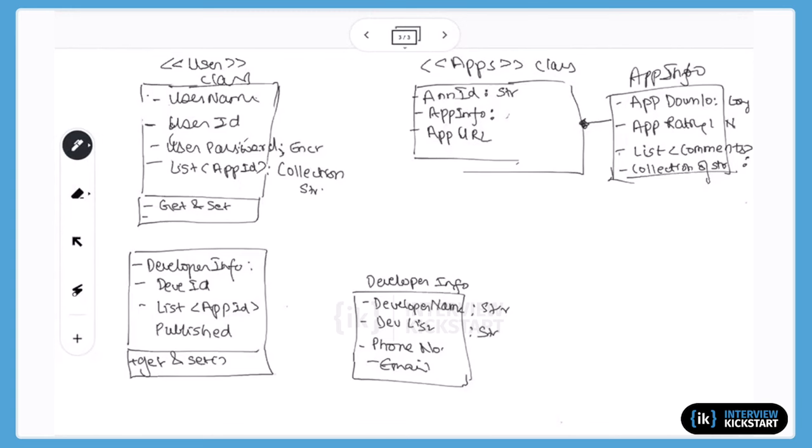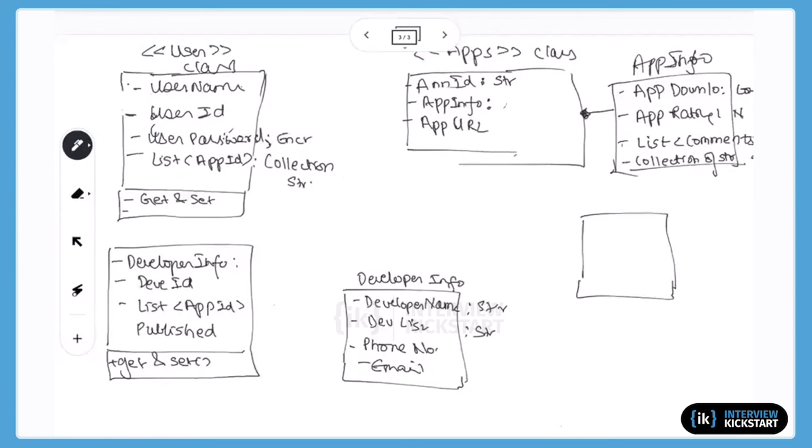And app rating is basically the number that you get by averaging out the people who have actually rated it. Okay, so we have a comments class. We have the comment itself, which would be a string, the rating, which would be a number, and then the user ID.